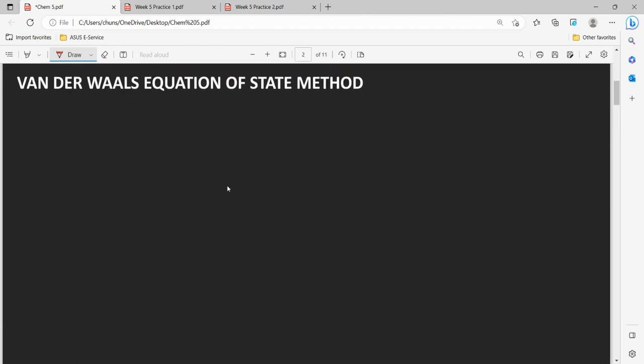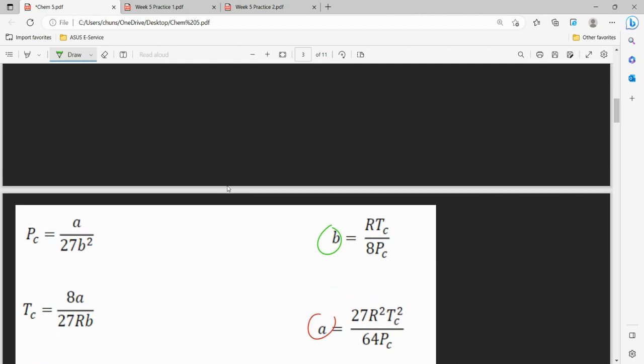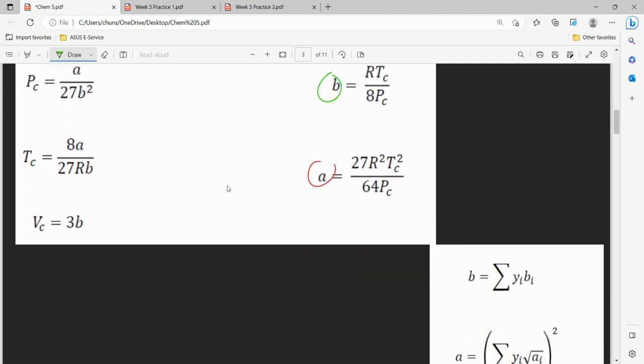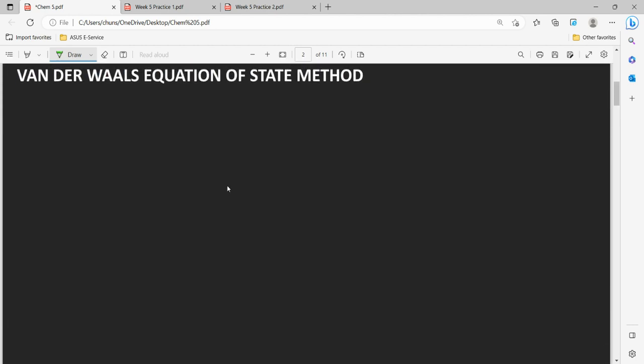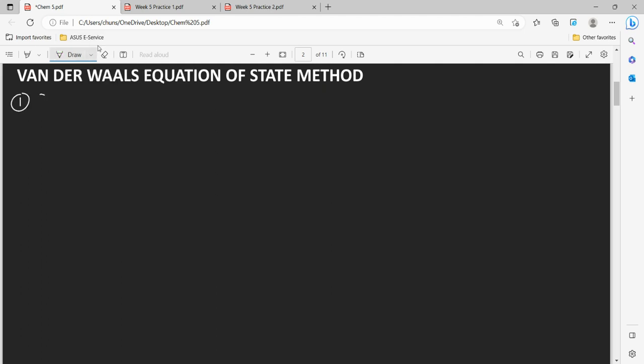So for the van der Waals method, there's a couple things you need to know. You need to know how to get A, and you need to know how to get B. So once you find those, so hold on, let me add these up. Let me just start writing it out. So find A and B if not given, and make sure you're watching your units to make sure it's consistent with the question you're given.